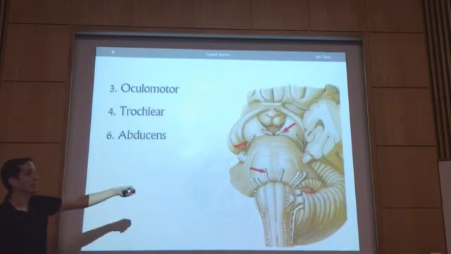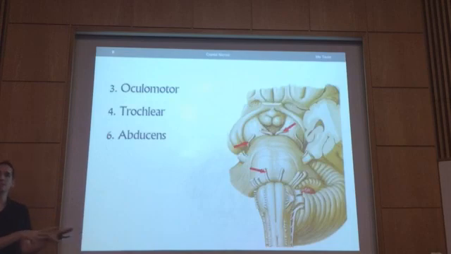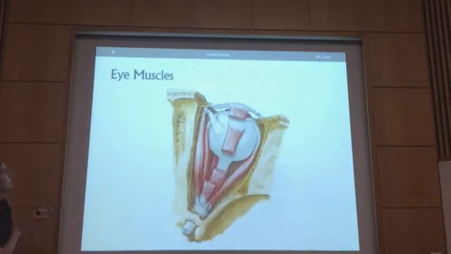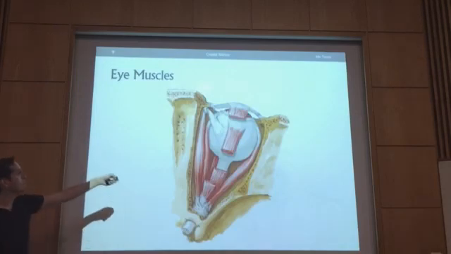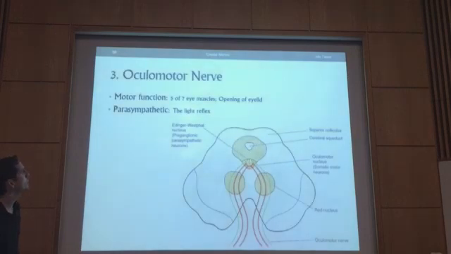Cranial nerve 5 has a different function, so we'll go back to it later on. So the oculomotor nerve, first of all, I'm guessing this is something you know better than me because you learned about it. So these are the muscles involved in the movement of the eye.